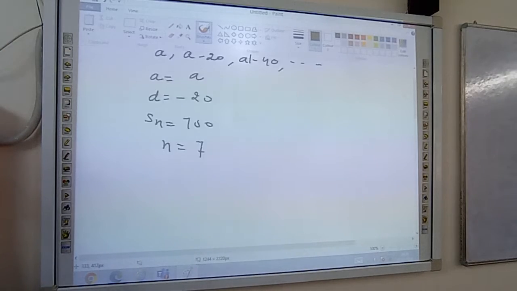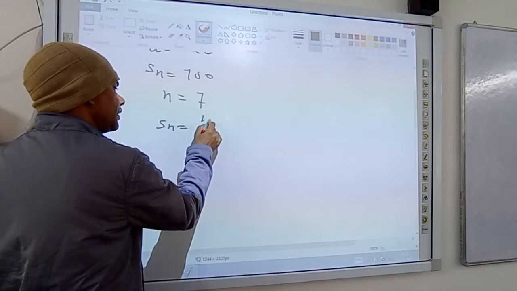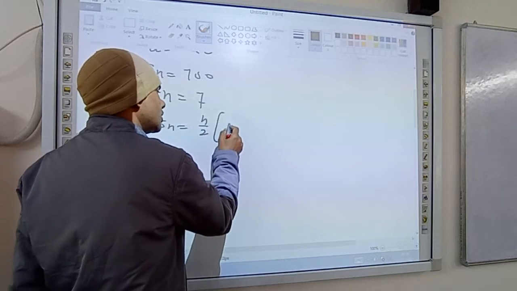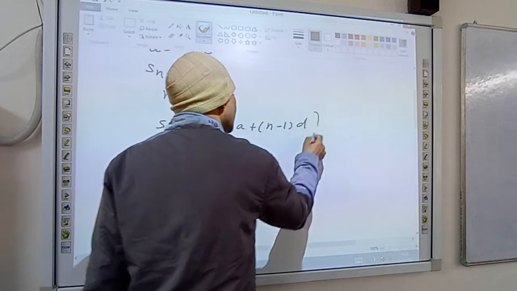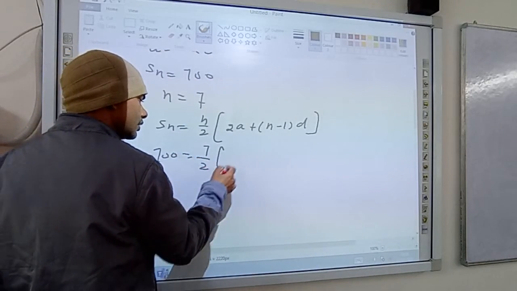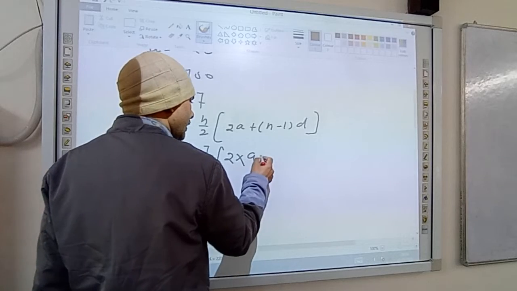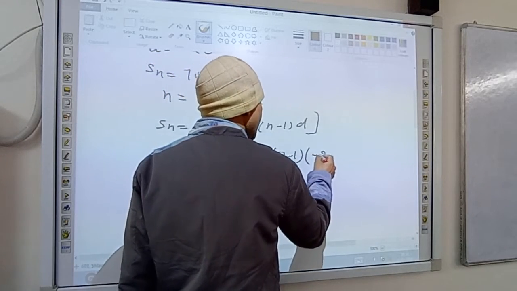How many cash prizes? 7. Sn is n by 2 into 2a plus n minus 1 into d. Okay, that is 700, 7 by 2, 2a. n is 7, d is minus 20.